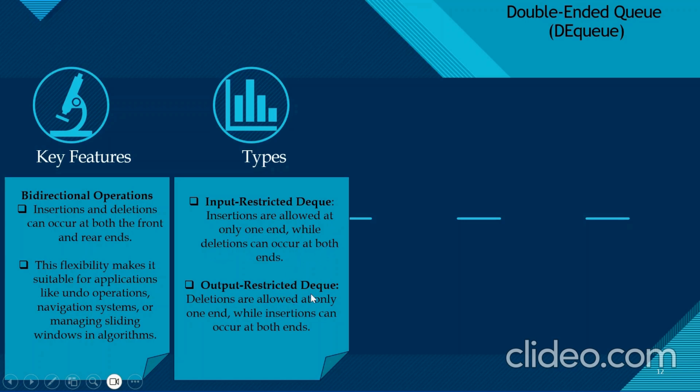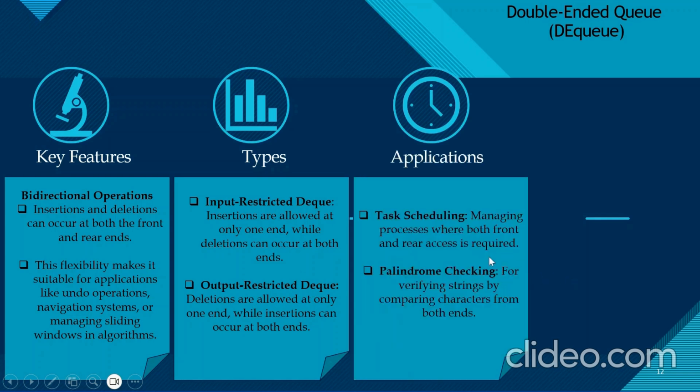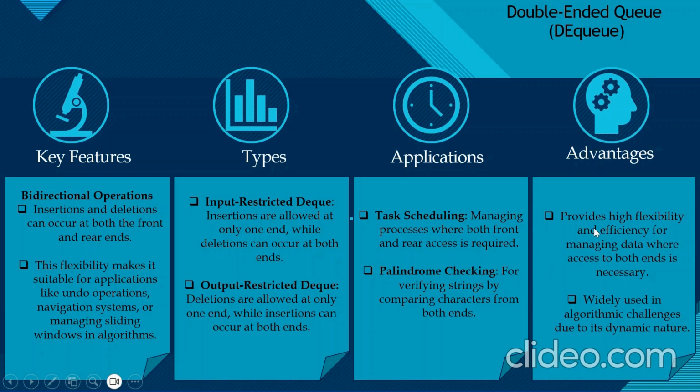Now output restricted, as you guessed it right, deletions are allowed at only one end, while the insertions can occur at both ends, right? So applications: task scheduling and palindrome checking. And obviously there would be some more applications. Advantages include that it provides high flexibility and efficiency for managing data where access to both ends is necessary, right? So it is widely used in algorithmic challenges due to its dynamic nature.